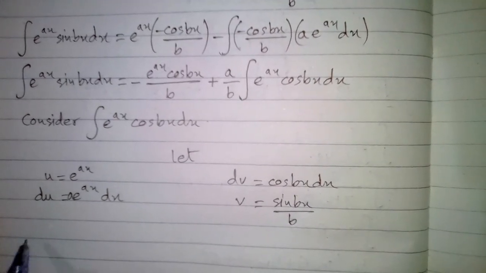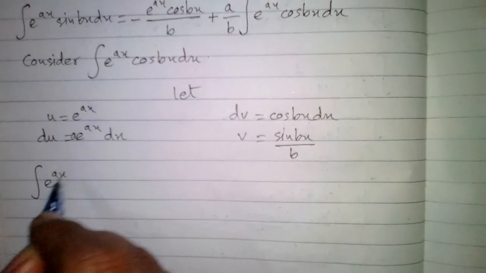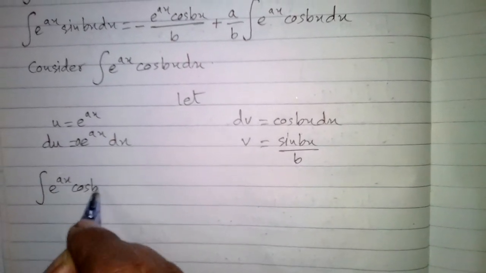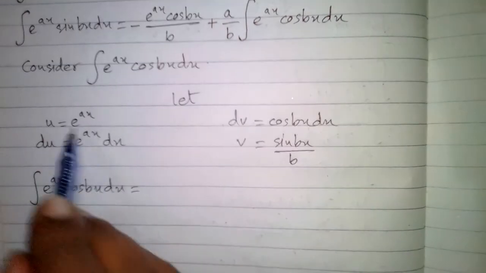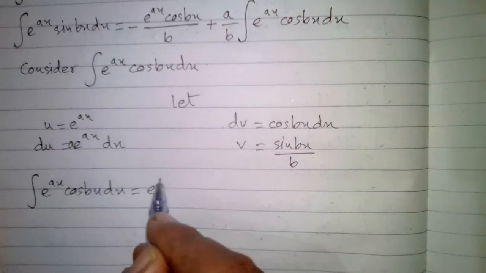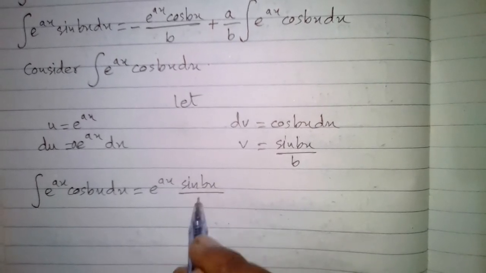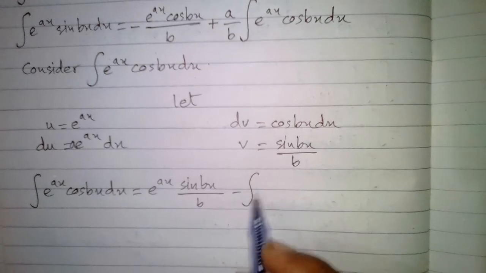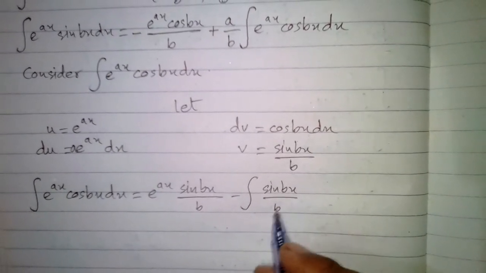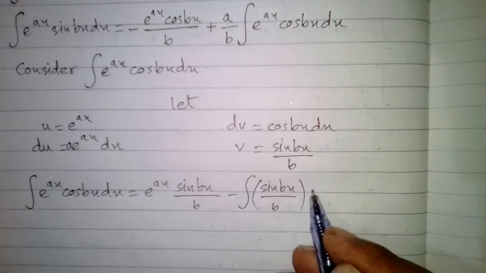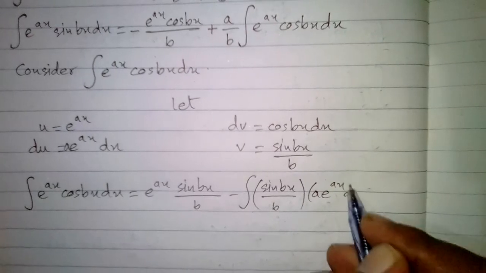Now by integration by parts we have integral of e to the power ax cos bx dx is equal to uv, e to the power ax multiplied by sine bx upon b, minus integral of v du. So sine bx upon b multiplied by a times e to the power ax dx.